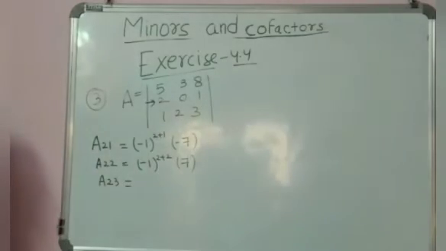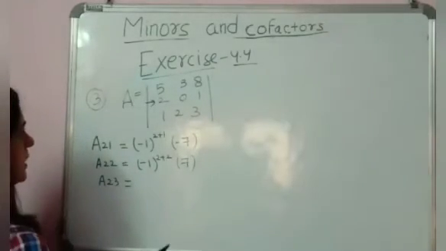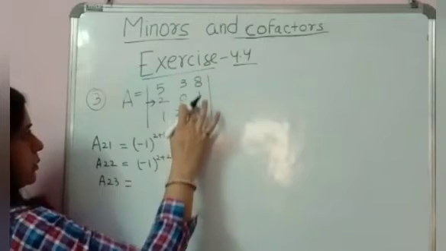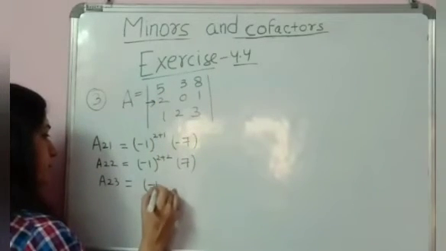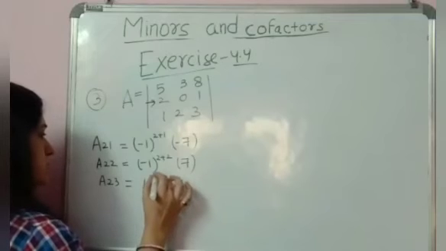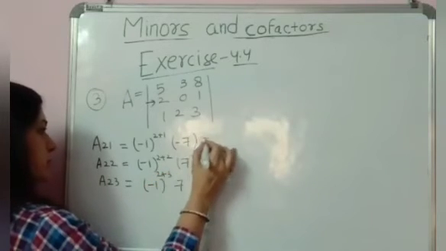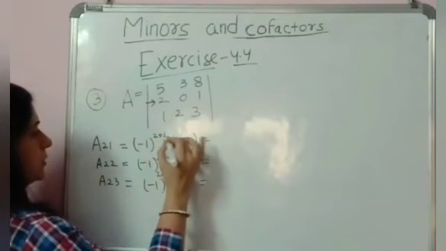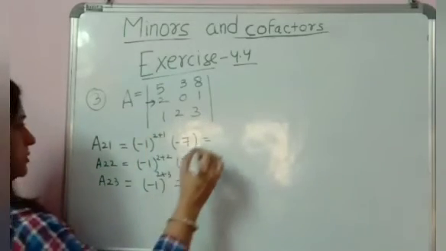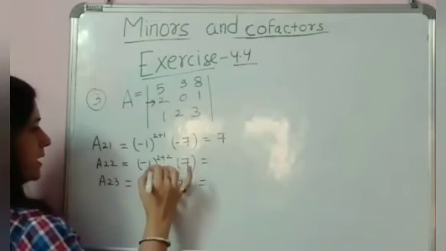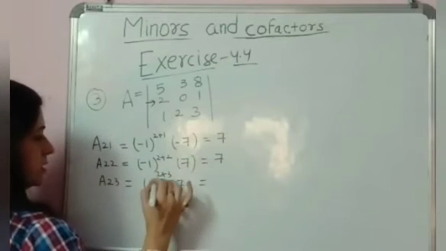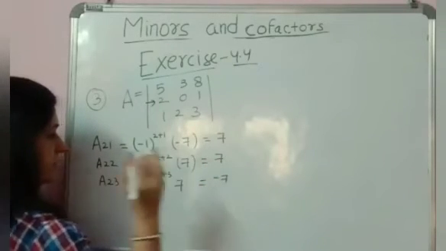Now come to the next element, that is 1. So it is 10 minus 3, again 7. Okay. So A21 is minus 1 into minus 7, that is 7, A22 is 1 into 7, 7, and A23 is minus 1 into 7, minus 7.